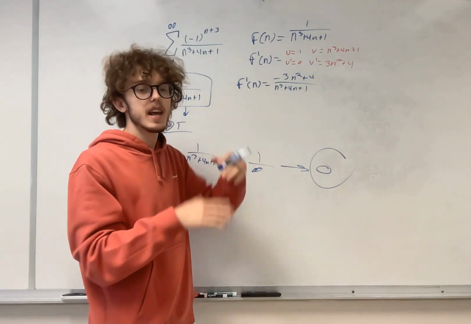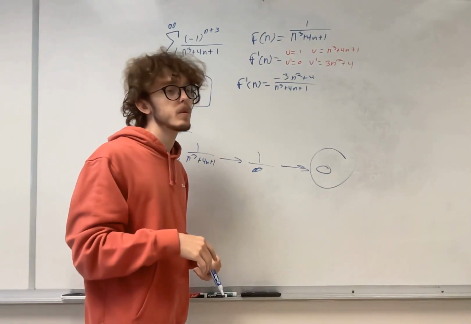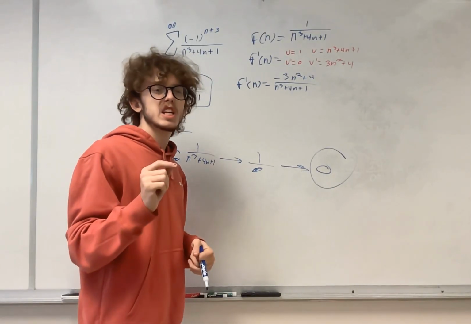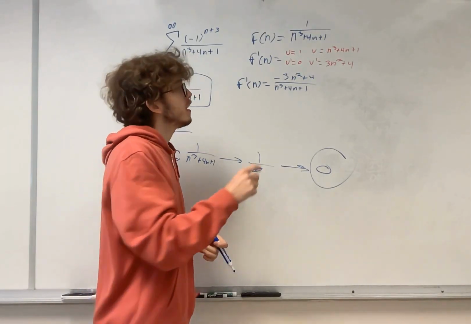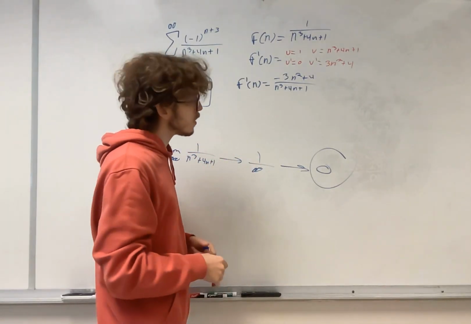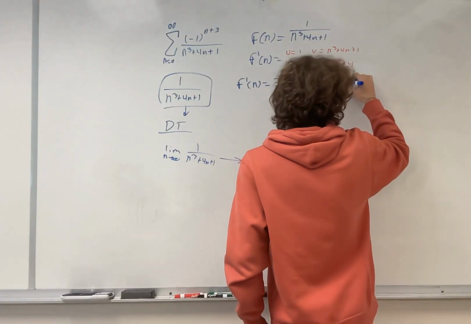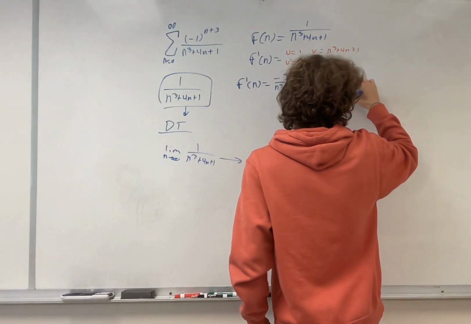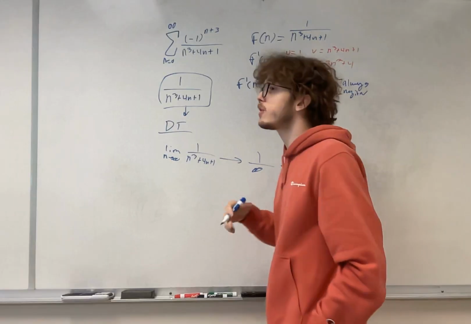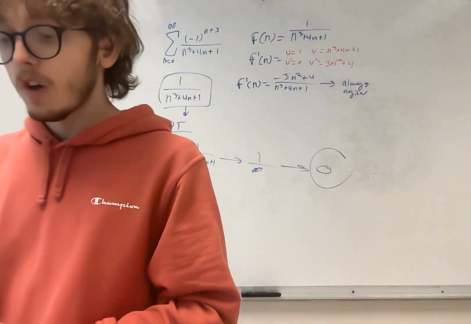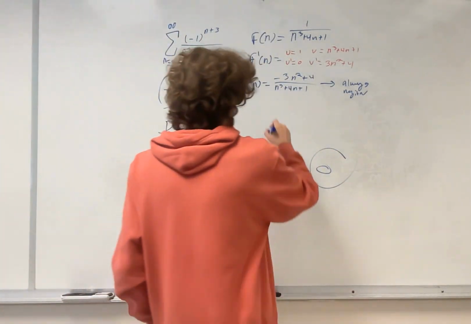So if the slope is negative, that means the function is always decreasing. So because the derivative is always negative, thus always decreasing, we know that this series is going to be convergent.